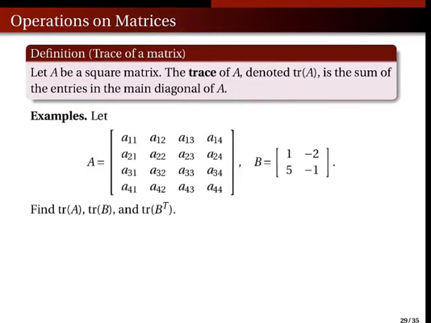For example, in here, you have the trace of A. This is a 4 by 4 matrix, and you have the main diagonal here. So you just need to add that to get the trace. So trace of A is equal to A11 plus A22 plus A33 plus A44.